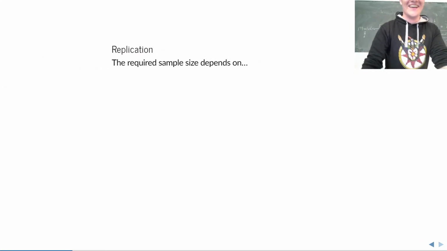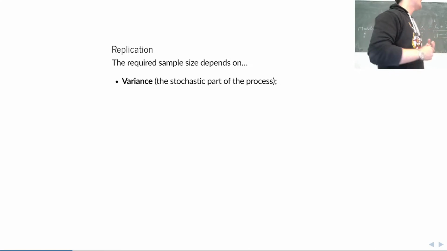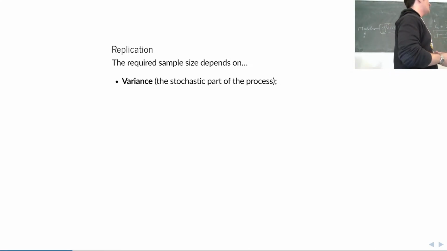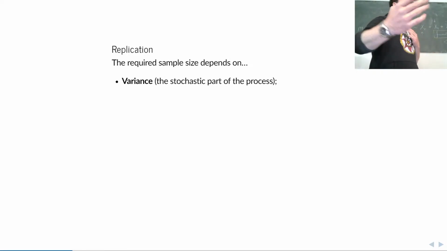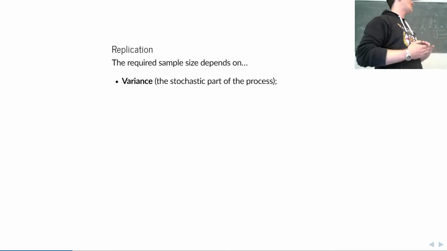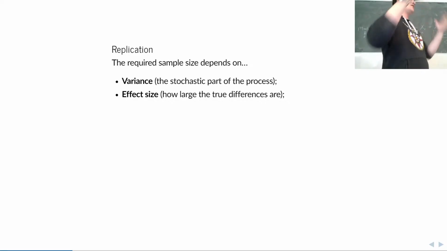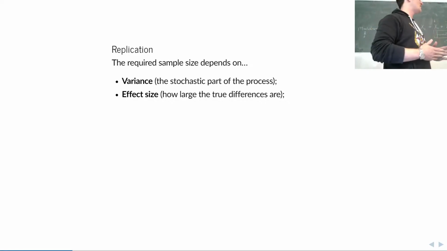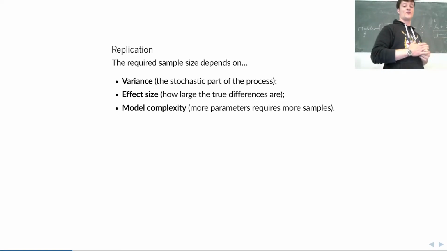Okay, so the required sample size depends on the number of true replicates, and the things that increase the number of true replicates that you need are the variance of a process, so to what extent do individual observations differ from each other; the effect size, so if you're studying a difference that is really large, it's easier to demonstrate it, so you need a smaller sample size to do it; and the model complexity.